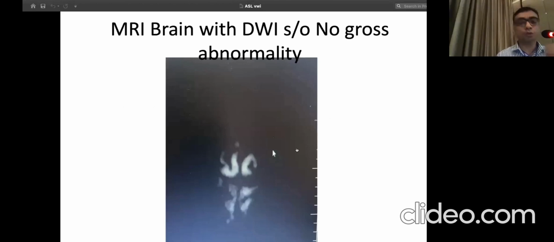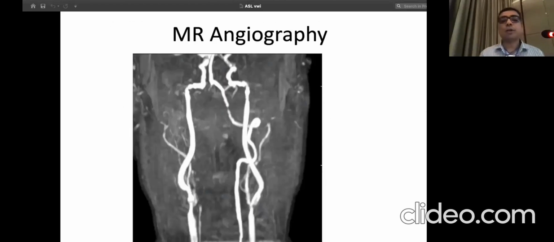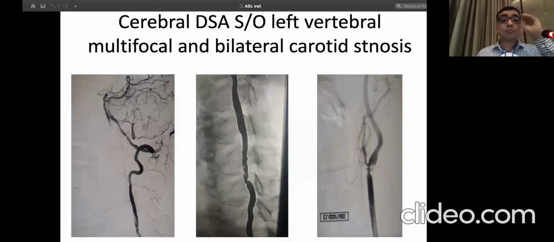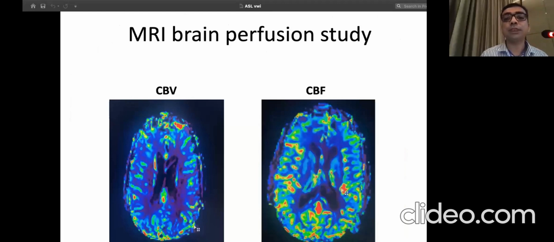The diffusion was not showing any abnormality. This was the bilateral carotid stenosis, and we see a vertebral lesion down below and up here. The vertebral was completely occluded and the bilateral carotids were diseased. So this was the angiogram we did, and then we even did a perfusion study to find out where the perfusion deficit is.